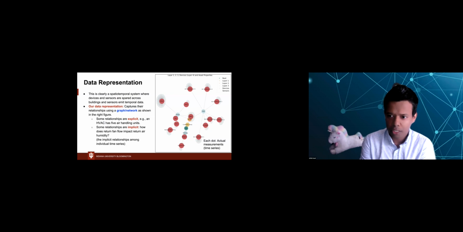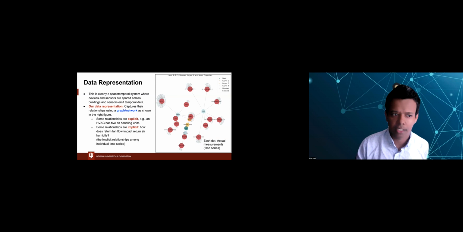So if we talk about data representation, as I mentioned before, this is clearly a spatiotemporal system where devices and sensors are spread across different buildings in this particular example, or different rooms, and each sensor will emit temporal data.